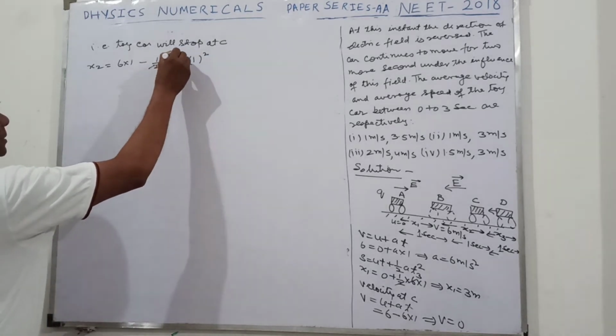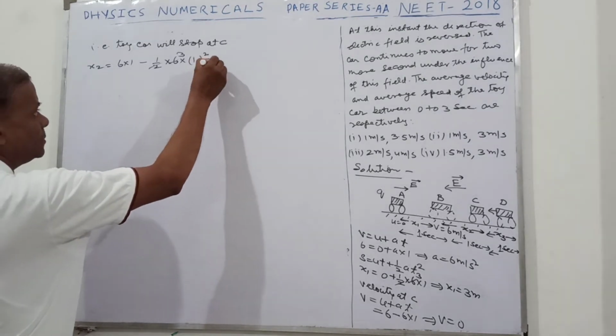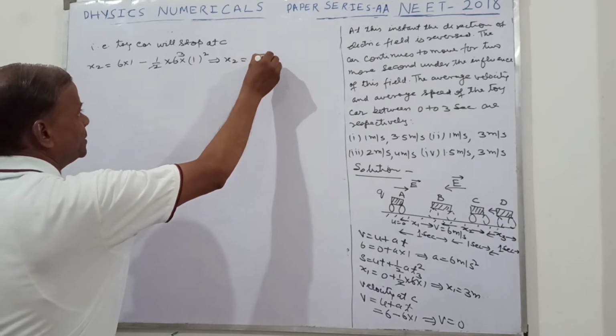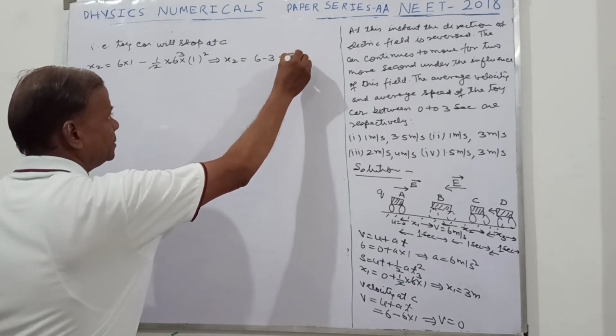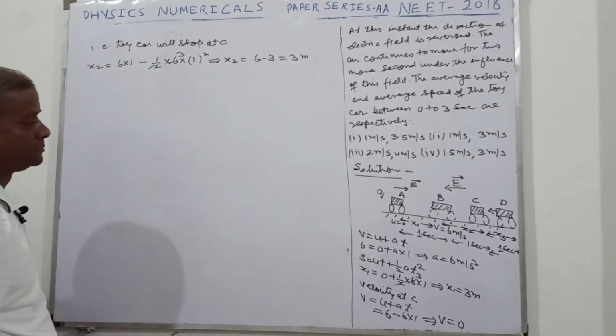This will be 3. So x2 is equal to 6 minus 3, which is equal to 3 meter.